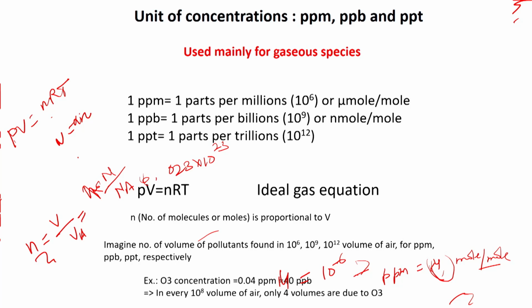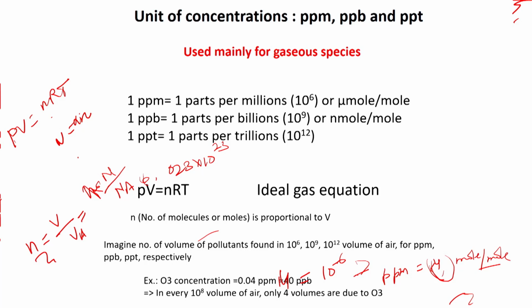Okay. For example, when we say ozone concentration is 0.04 ppm or 40 ppb, this means that out of 10 to the power 8 volumes of air, only 4 volumes will be due to ozone.